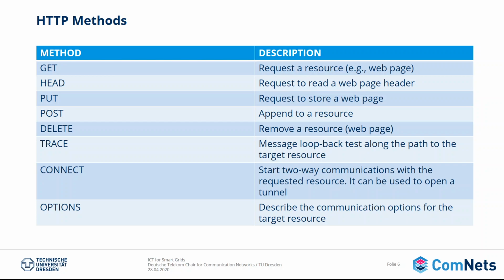TRACE is a message loopback test along the path to the target resource. CONNECT is to start a two-way communication with the requested resource. So it can be used to check, for example, if the connection is possible. Or OPTIONS describes the communication options for the target resource.